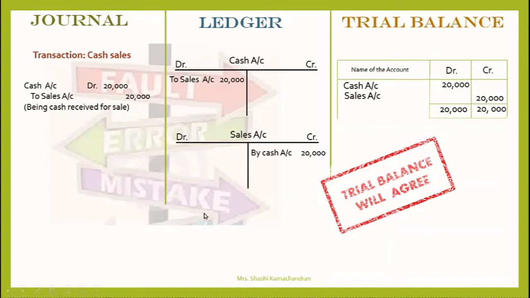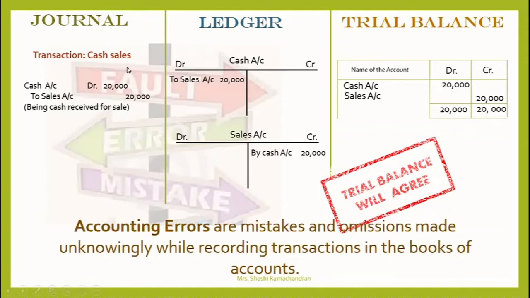An error can occur in the recording in the journal, or some mistake can occur while posting it into the ledger. So an accounting error may or may not affect your trial balance. So let's take which types of errors do not affect the trial balance and which types of errors affect the trial balance.